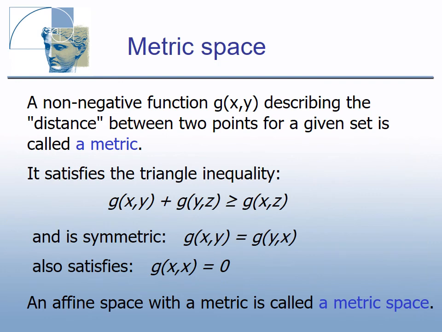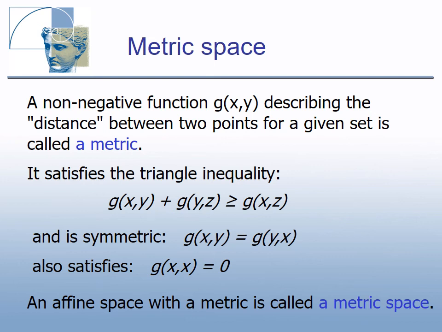A metric is a non-negative function g of two variables u and v describing the distance between two points for a given set. It satisfies the triangle inequality: the sum of the metrics for two sides of a triangle is greater than the metric for the third side.